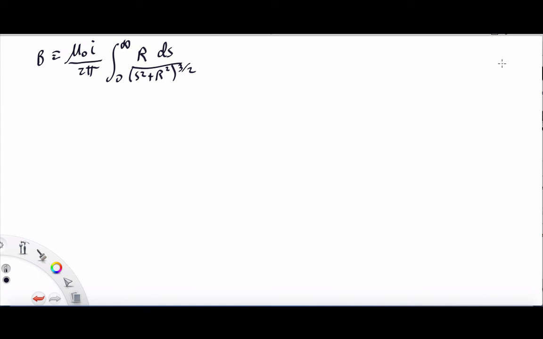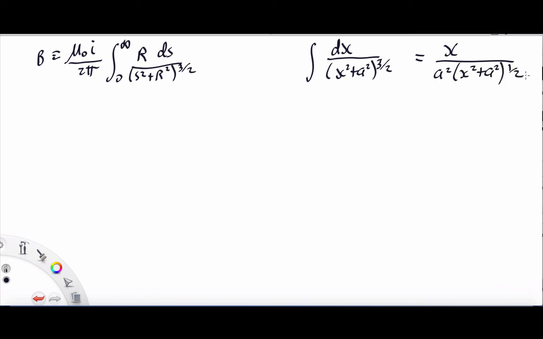So this is our integral, and to solve it we're going to cheat and look up a table of integrals that tell us that if we have a quantity that is x squared plus a squared, where a is a constant, to the 3 over 2, and we want the integral dx of that, it is just x over a squared times x squared plus a squared to the 1/2.